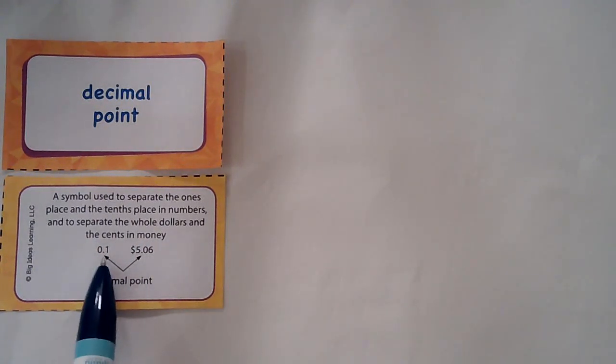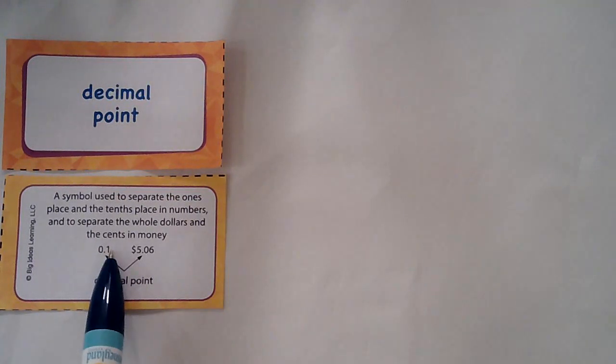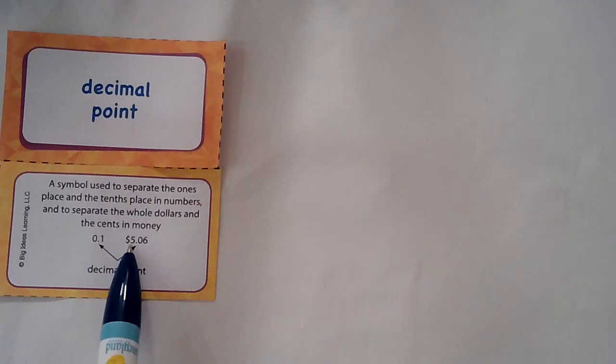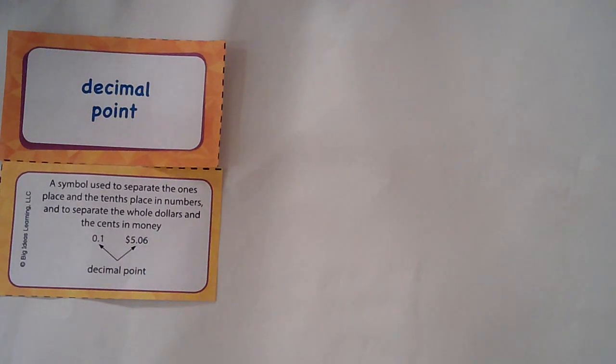Here we go. In 0.1, which is actually 1/10, the decimal point right in between the 0 and the 1 separates the whole numbers and the parts of a whole. You might be familiar with decimal points from how money is written. It separates the dollars from the cents.